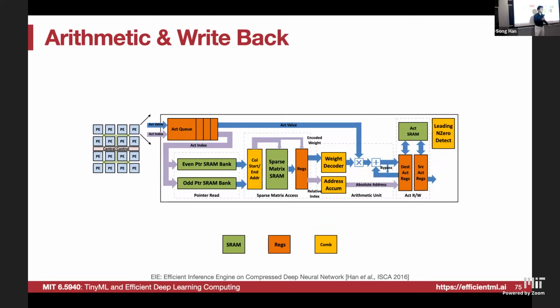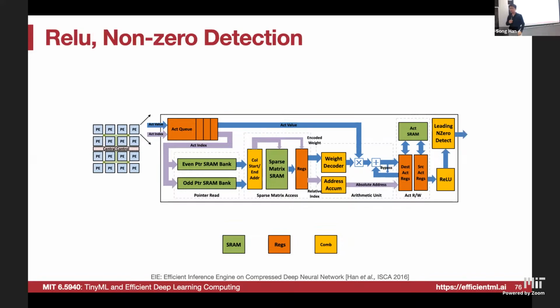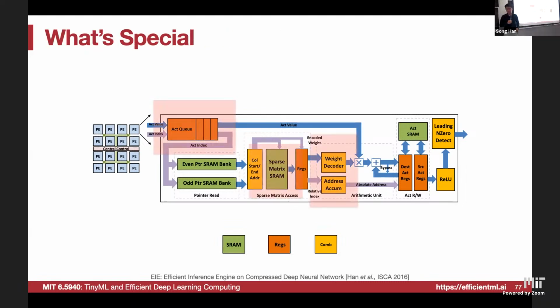And we have a leading non-zero detection unit to process the output after feeding it through the activation function. So the special part is we take advantage of the activation sparsity, only having the non-zero elements in the activation here.